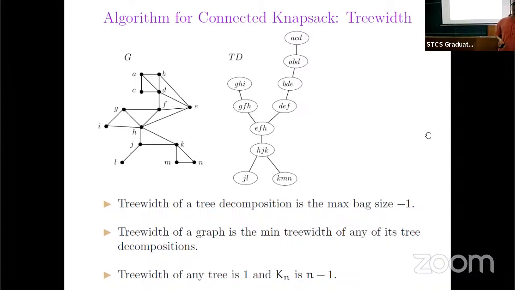So what is an empty bag? This set could be empty also. This tree decomposition allows you to keep this bag empty, and it just makes the DP easier.